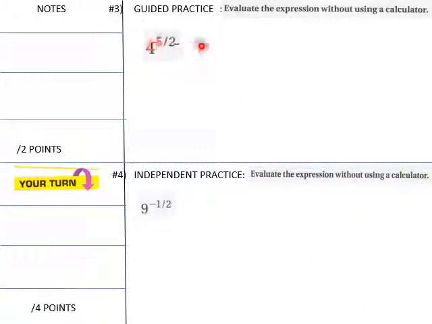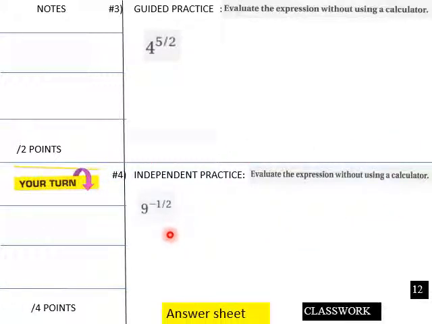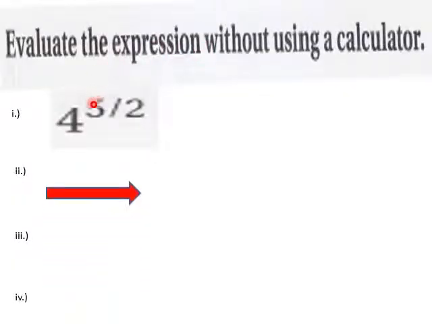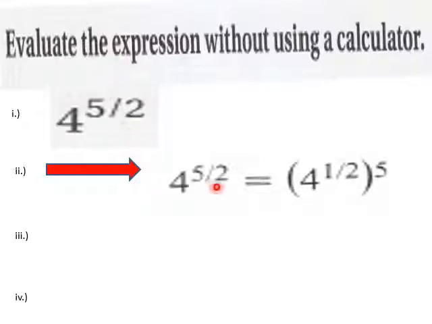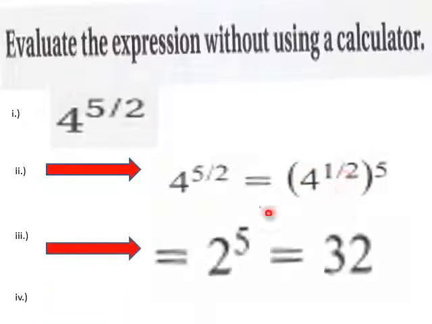Students, this is your guided practice. This is your independent practice down here. You should be able to do that. Evaluate the expression, 4 to the 5 over 2 power. So we take the square root of 4, which is 2, and then 2 to the 5th power is 32.